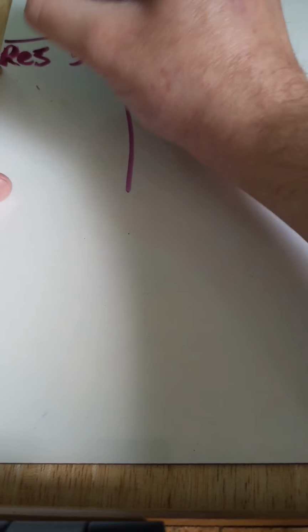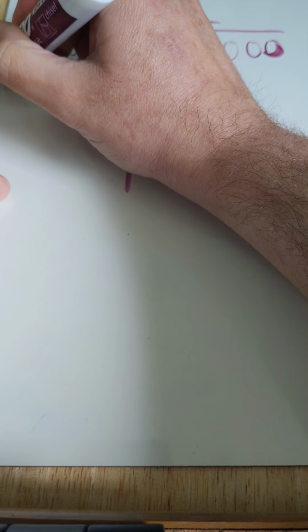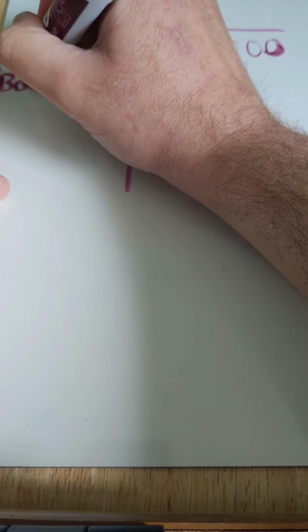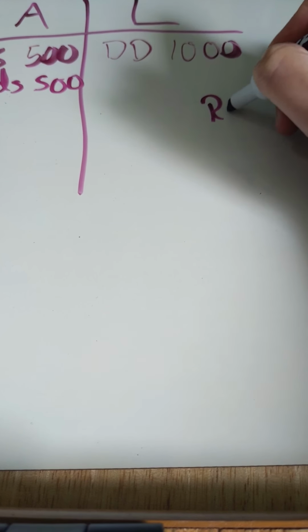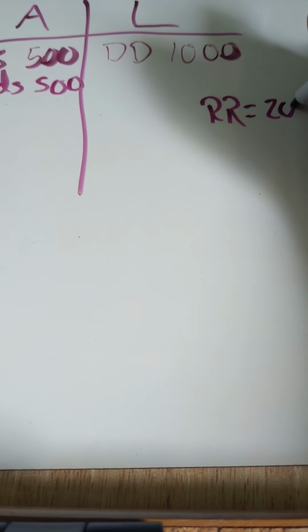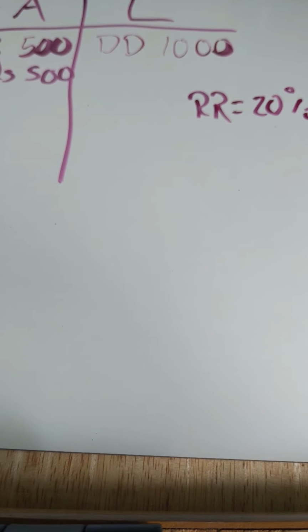And we will say that they have bonds or securities in the amount of 500 as well. Okay. Now, if we were to say that this bank, the reserve ratio equals 20%, what you might be asked next is, what are the bank's required reserves and excess reserves? Or how much money could the bank loan out.